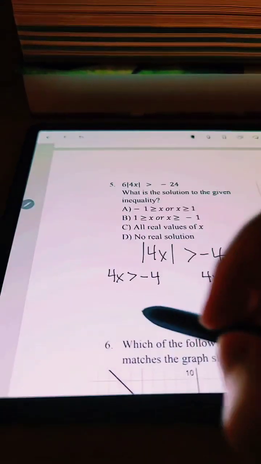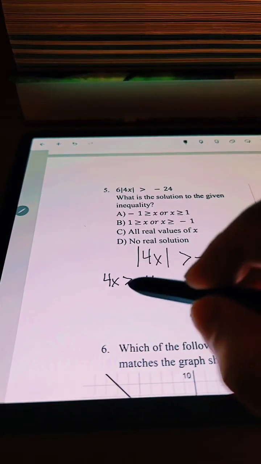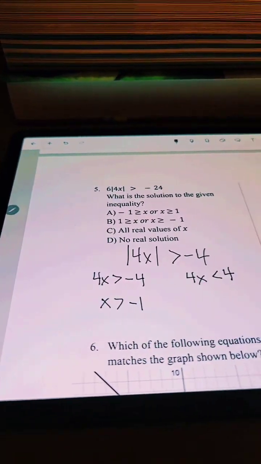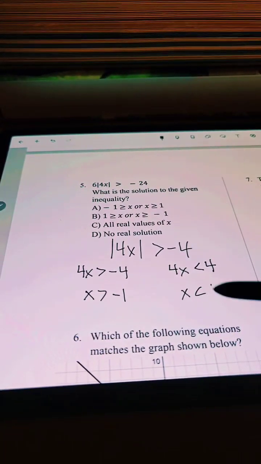So now I'm going to divide by 4 on each side. So then I'm going to get that that's going to be negative 1, divide by 4 on each side, less than 1.